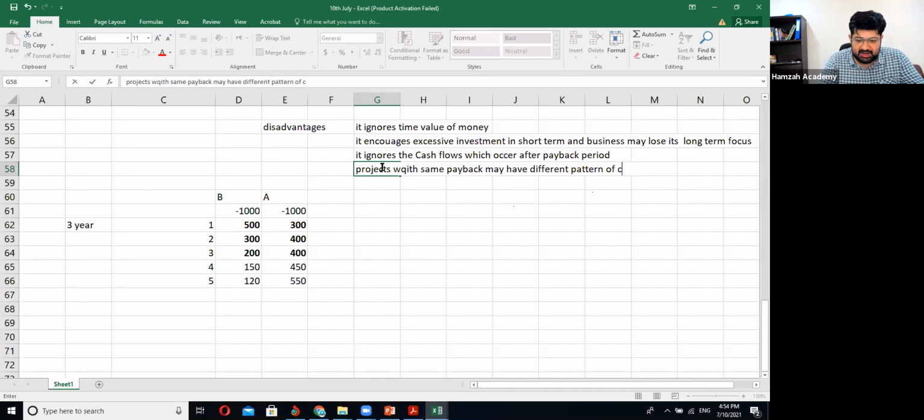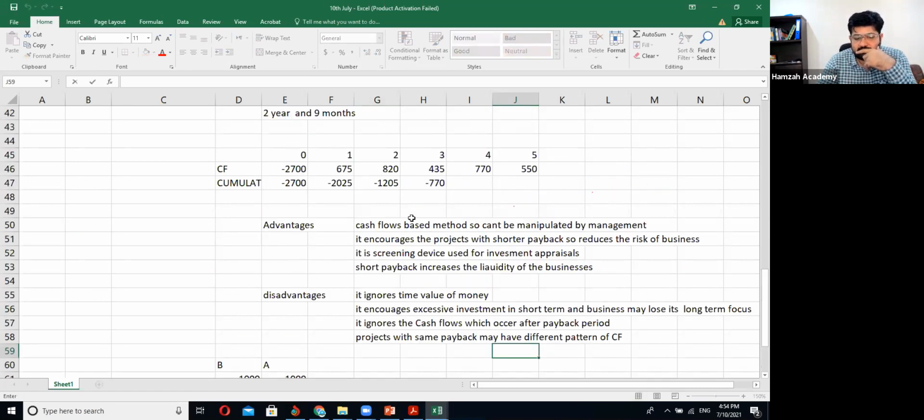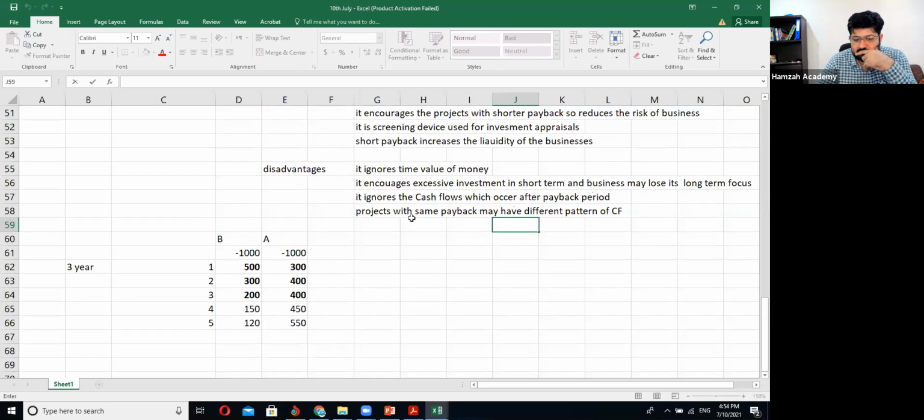For the payback period method, both projects have a 3 year payback. But you see the pattern of cash flow: 300, 400, 400, 500, 300, 200. It ignores that and does not identify it. So it does not consider the cash flow after the payback period, which means it does not consider the life of the project.